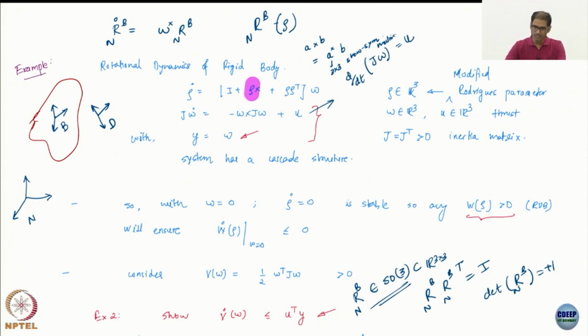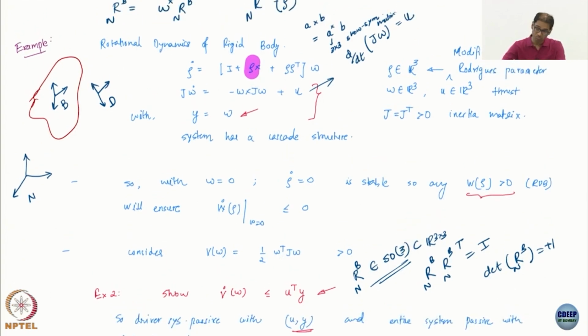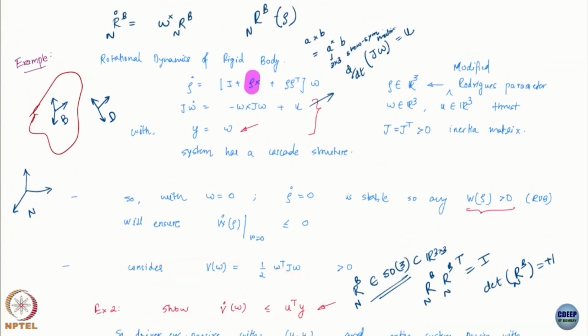But as you can see, this kinematic system was being driven by the omega. So omega can be thought of as a control. Omega is of course the angular velocity, and the angular velocity dynamics along with the output was this part. We of course saw, or at least we were supposed to prove, that this is in fact passive, a passive system with this input and some modified output.